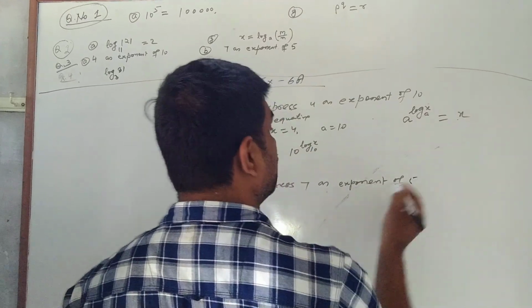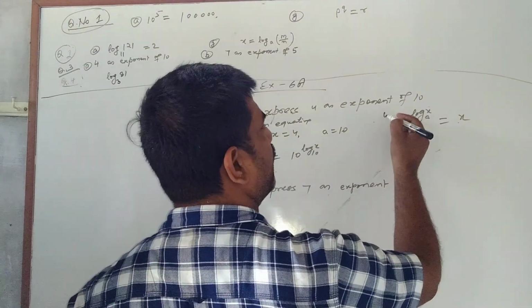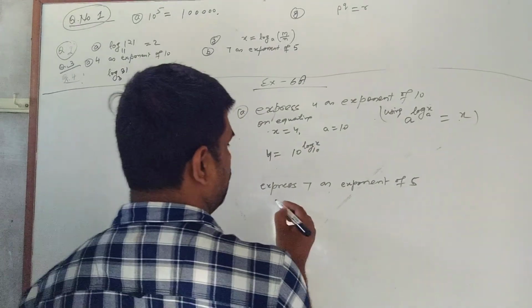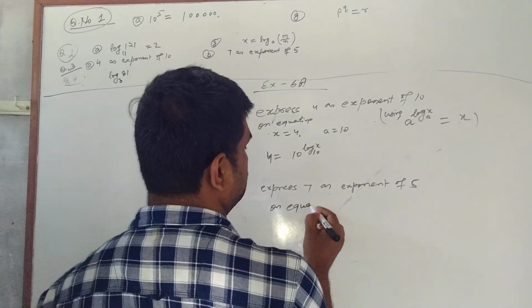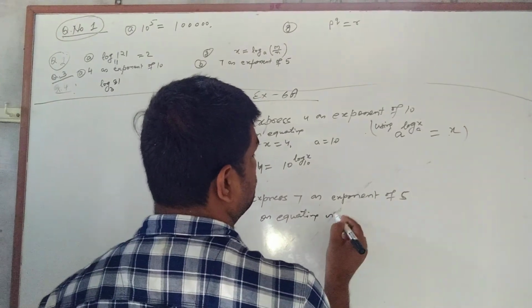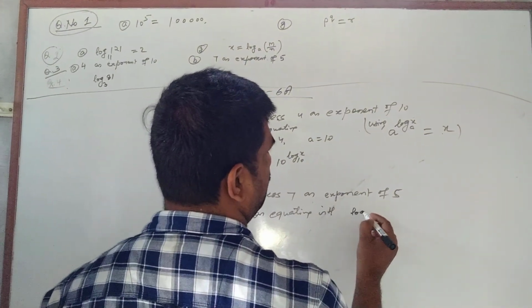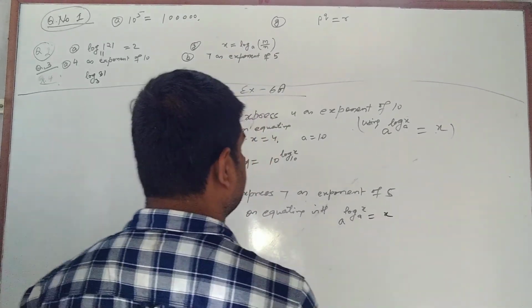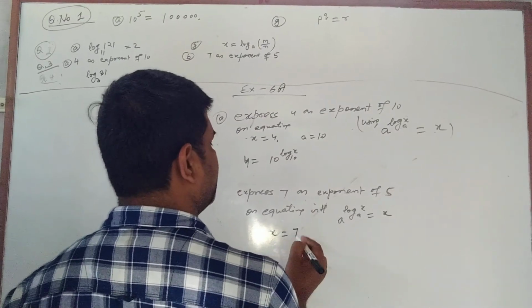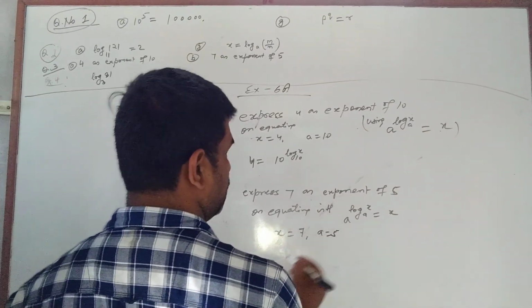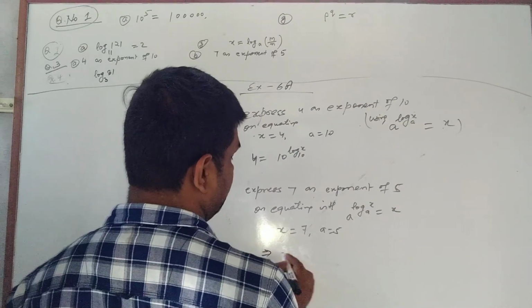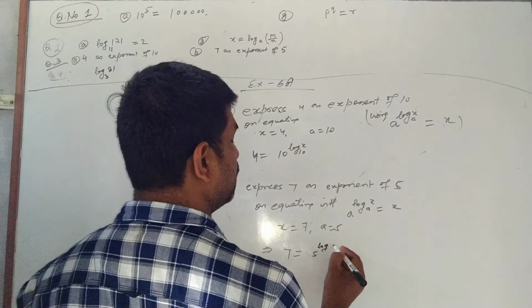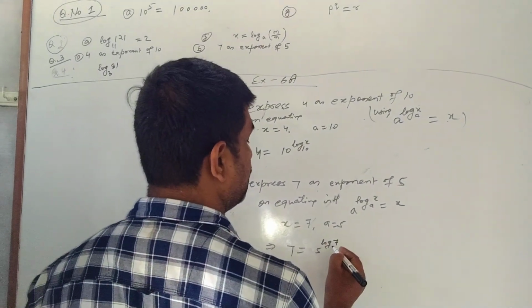In this case we have to use the same formula, a to the power log x base a equals x. On equating, x is 7 and a is 5. So this implies 7 can be written as 5 to the power log 7 base 5.